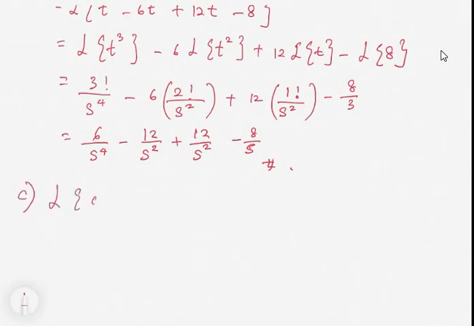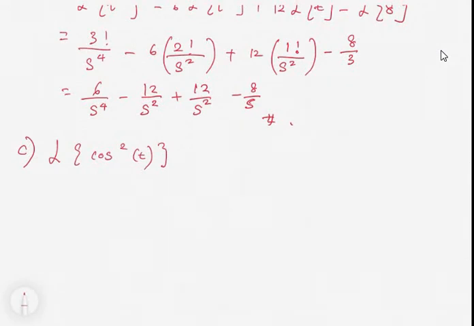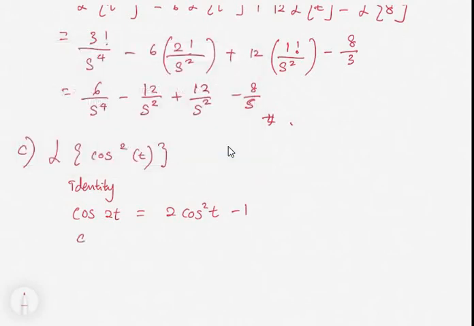The Laplace transform of cos squared t. You cannot directly solve this Laplace transform, so you need to go through an identity. The identity is cos 2t equals 2 cos squared t minus 1. So cos squared t equals (cos 2t plus 1) divided by 2.